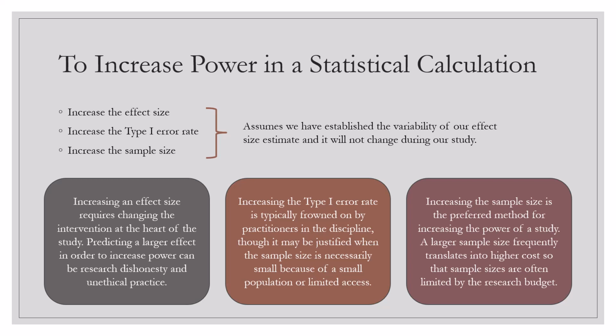Now, a larger sample size frequently translates into higher costs, so sample sizes are often limited by the research budget. What I typically tell my dissertation students who ask me to help them do a power calculation is, what is the maximum number of observations you can afford? That is, how big of a sample size can you afford?